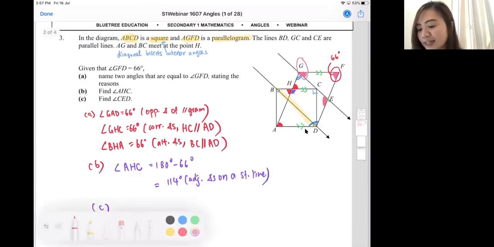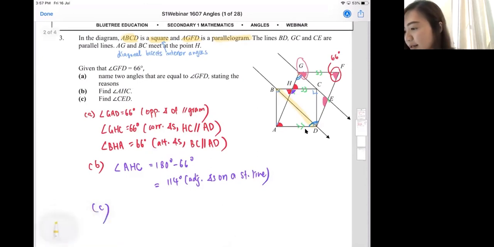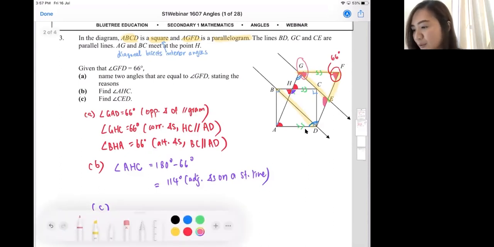Because it is the exterior angle. Wait, let me highlight this for you. The exterior angle of this triangle GF. So if we want to find this EGF, you can go downwards to look at this angle here. I'm going to highlight this angle in pink.